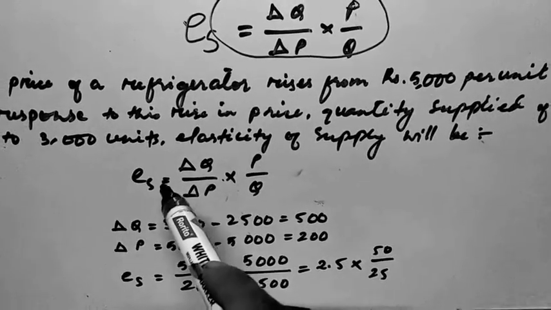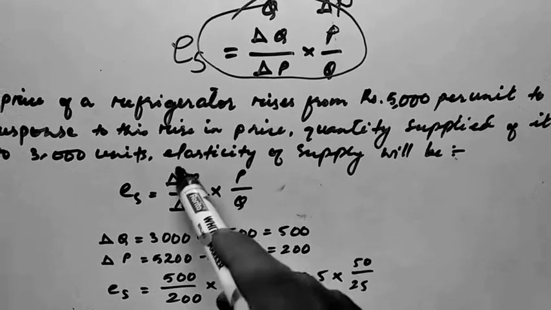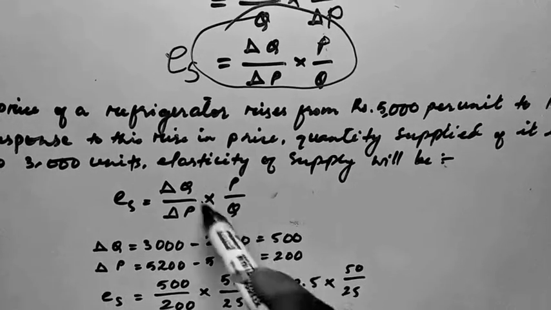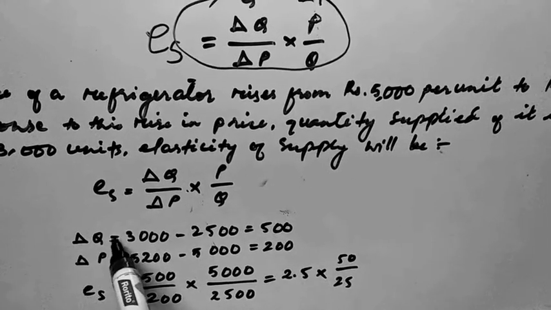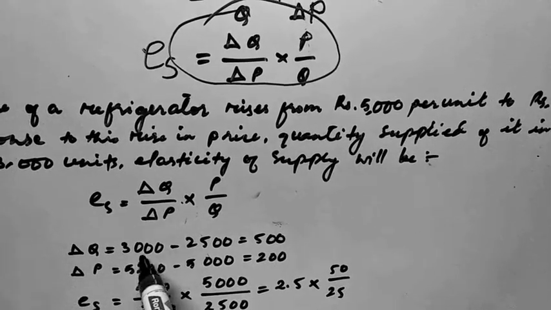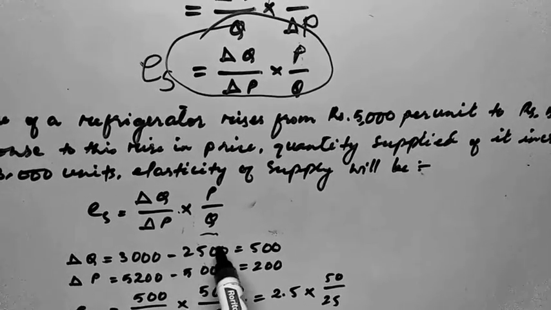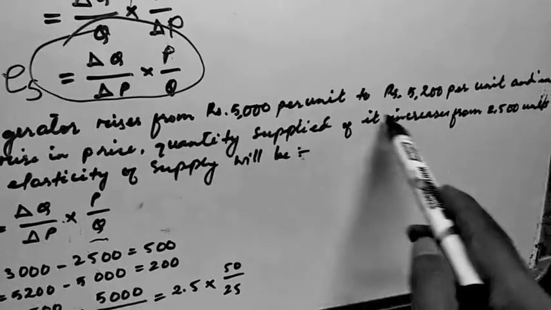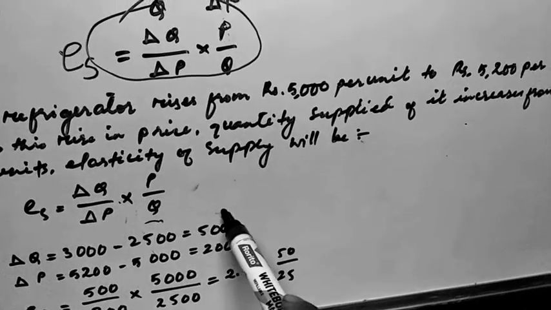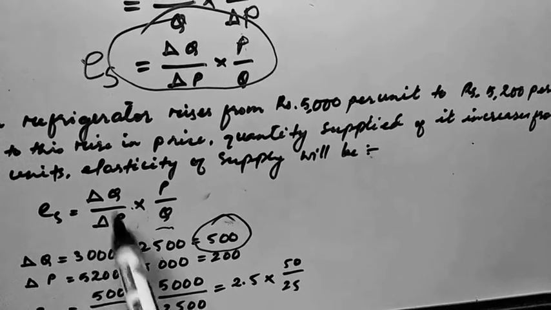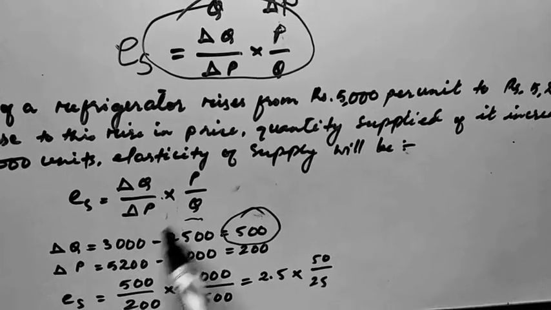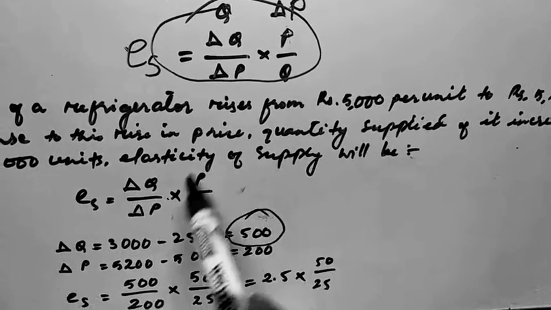The formula is change in Q divided by change in P into P divided by Q. Change in quantity is 3,000 minus 2,500, which is 500. So 500 is the change in quantity supplied because of the increase in price.